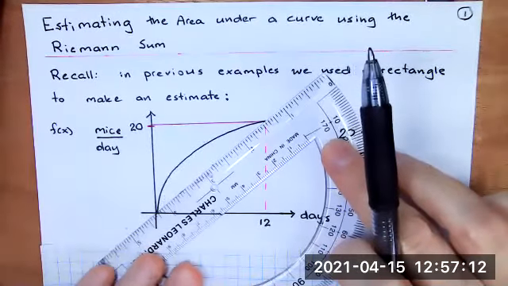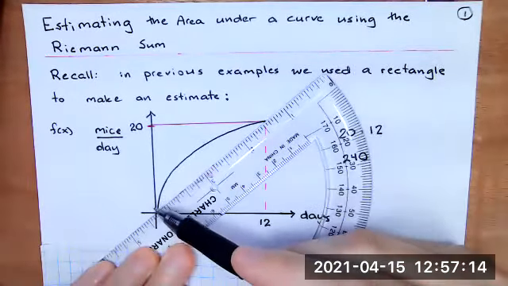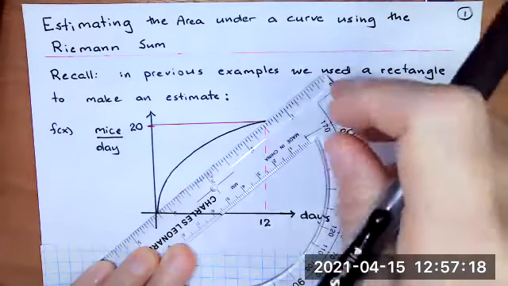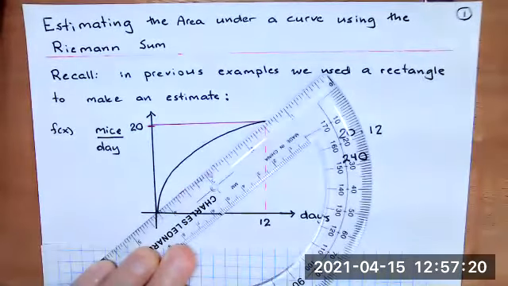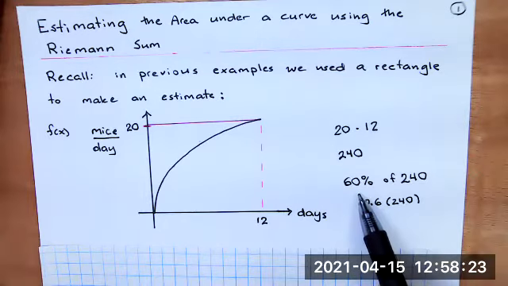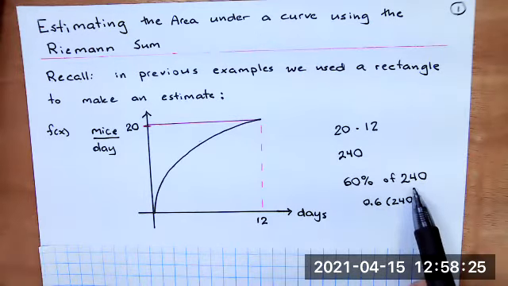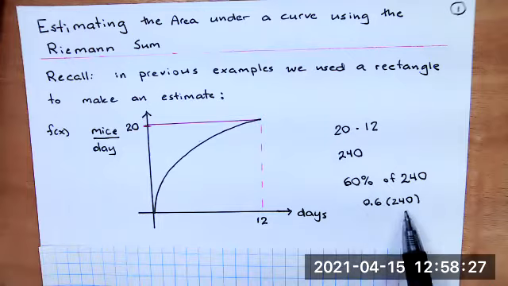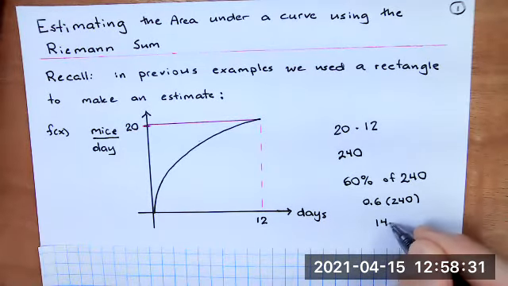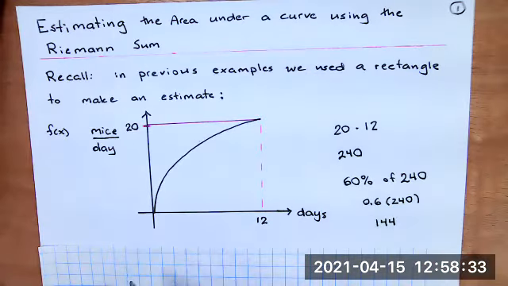So this would be about half. So I'm guessing it's about 60% of that. So 60% of 240 is 0.6 times 240, which is 144. So that's just an estimate, or an educated guess.